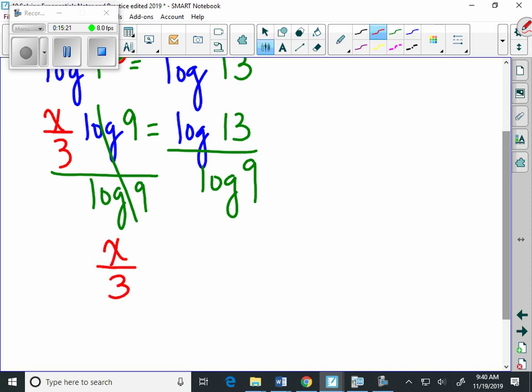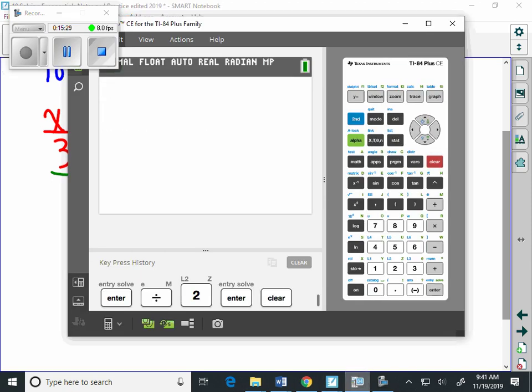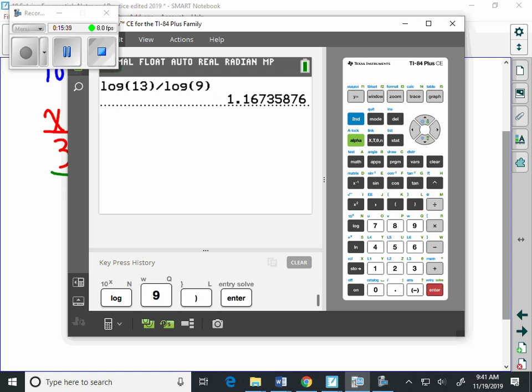When we type in this value, we're going to leave it in our calculator. So log of 13, close the parentheses, divided by log of 9, gives us that decimal, 1.167. That's what I'm going to write down. Leave that number in your calculator.